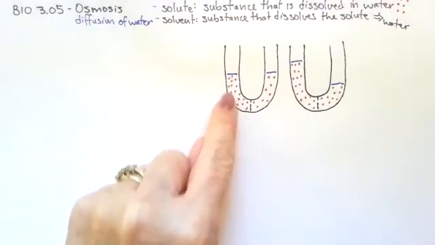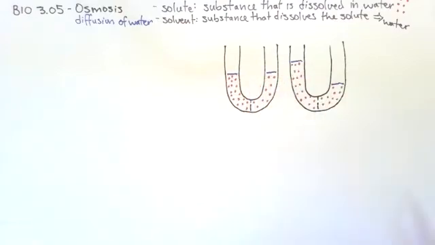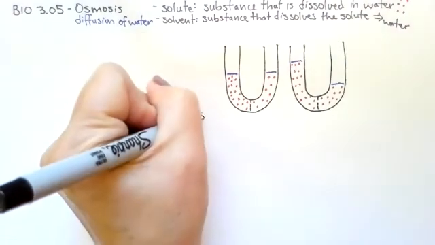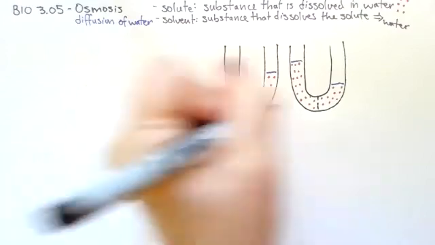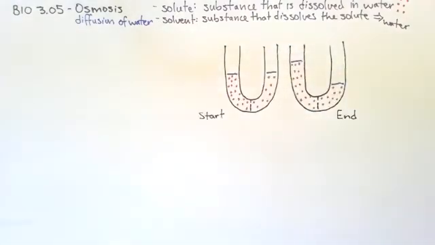We're going to call our red dots our solute, and I tried to do a little blue line here so you can see. This is our starting condition, and this is our ending condition. A lot of solute is too big to get across the cell membrane.